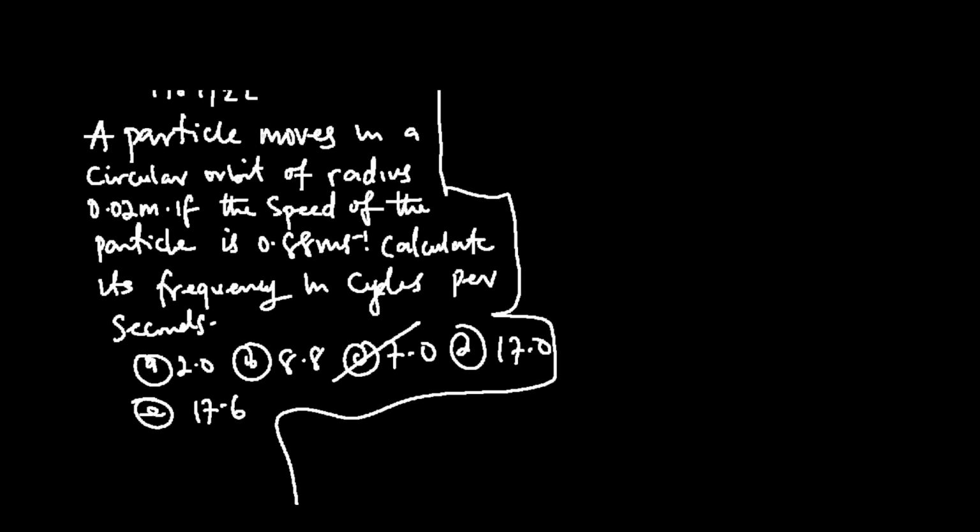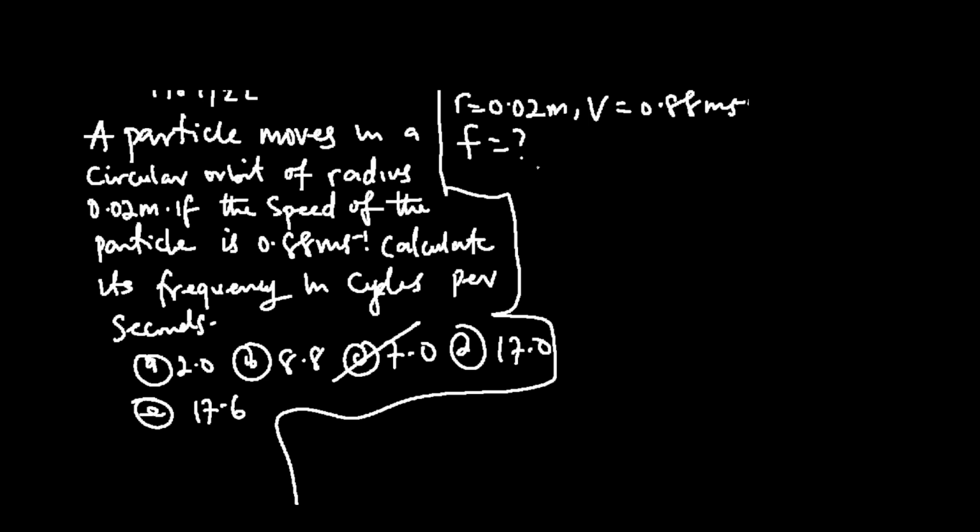The question here states that a particle moves in a circular orbit of radius 0.02 meter. The speed of the particle is 0.88 meter per second. Calculate its frequency in circles per second. So we are looking for frequency. Is there any formula that relates frequency, linear velocity and radius? Not directly.